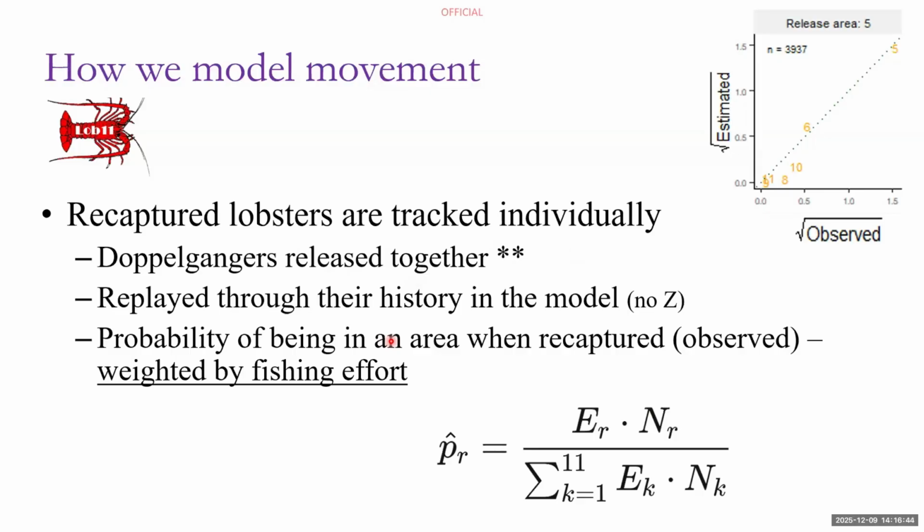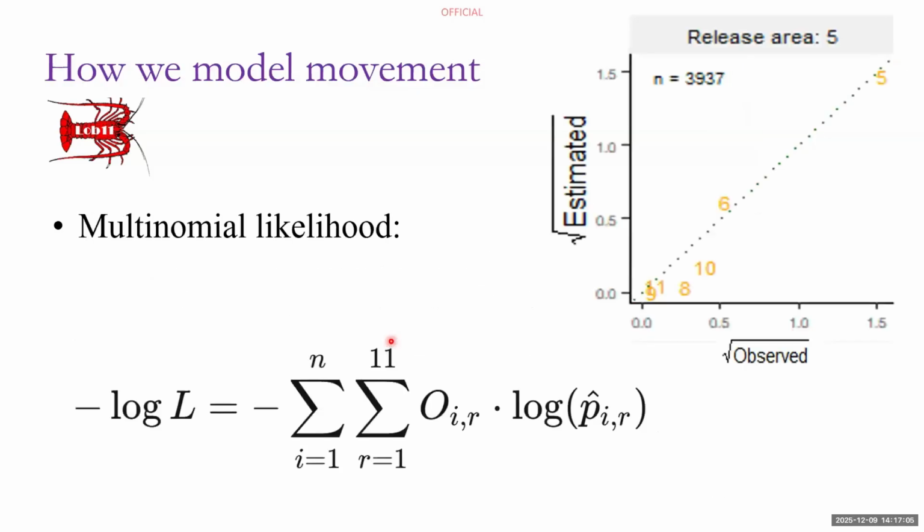The fishermen return daily records on a 10 by 10 nautical mile block. It's a pot fishery, so we get relatively good effort information. So that's built in to weight the probability of an animal being observed and ending up in an area when it was recaptured. And then we're running through the observe with the probability and a multinomial likelihood.